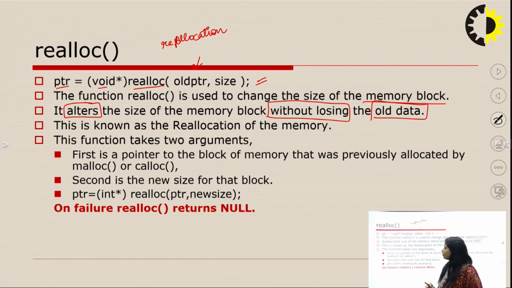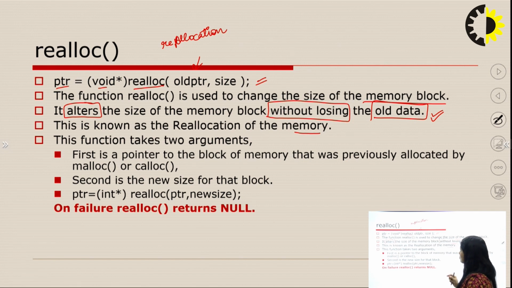Not like that. It alters the size of the memory block without losing the old data. This is known as the reallocation of memory, right? Reallocation means it is modifying or altering the size of the memory block which has previously been allocated, maybe by MALLOC or by CALLOC function.